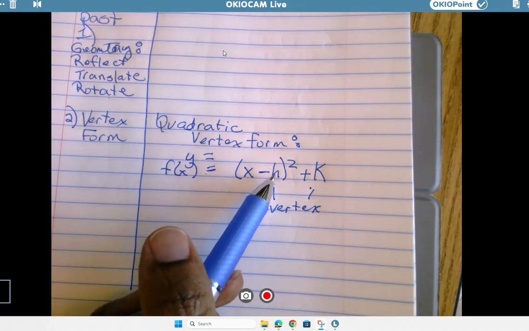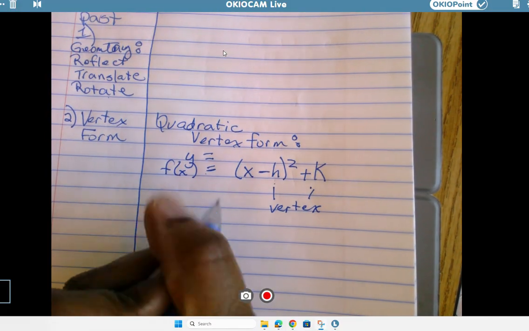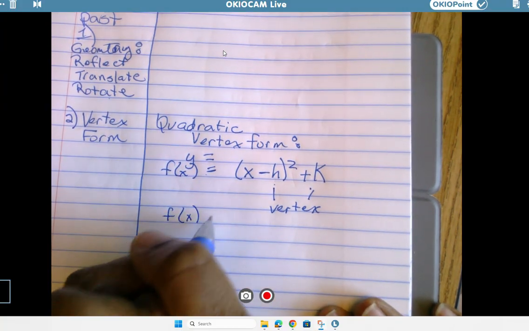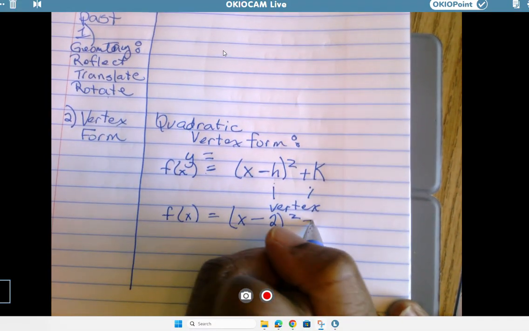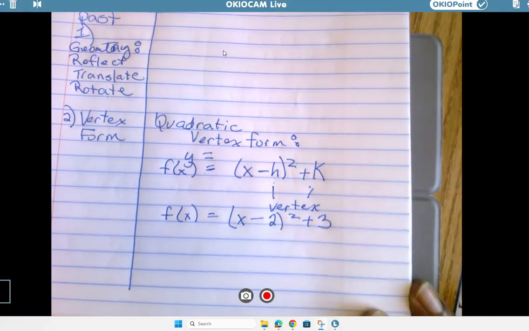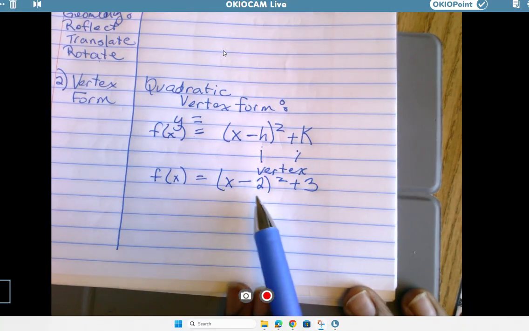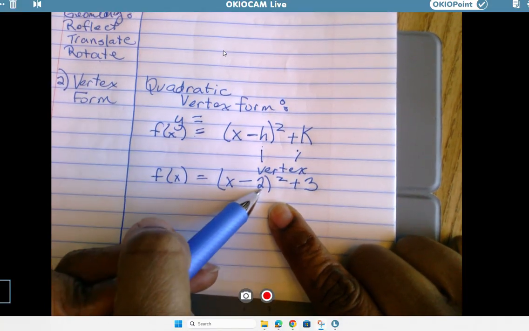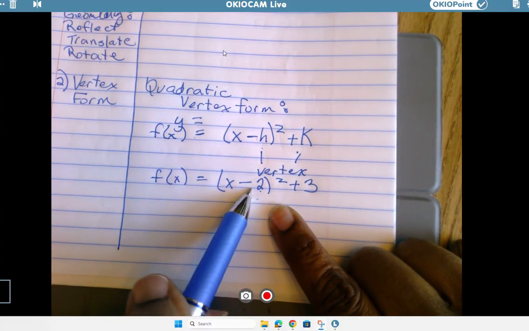But this value is the opposite of what's in the formula. Do y'all remember that at all? Okay, so if you have f of x equals x minus 2 squared plus 3, then as a reminder, the minus sign is already in the formula.